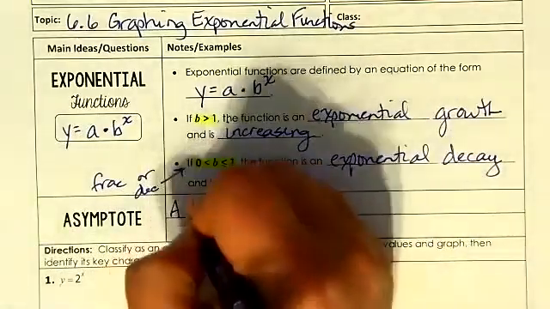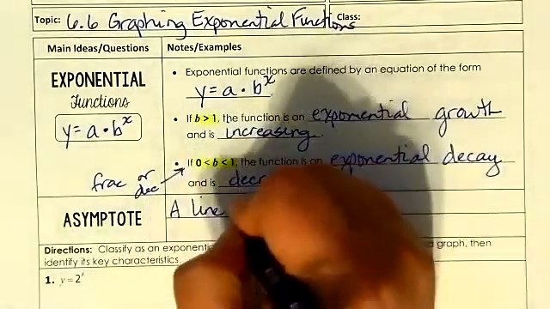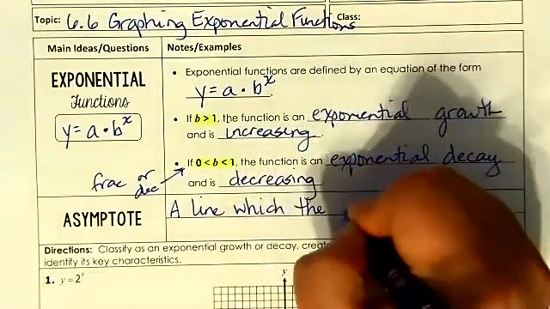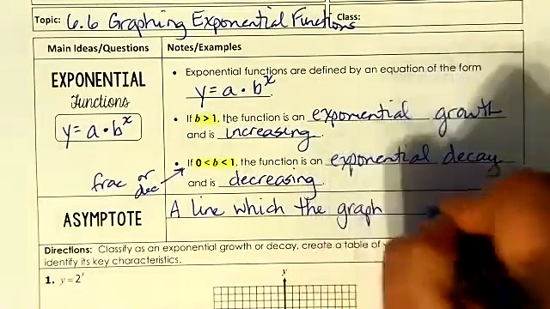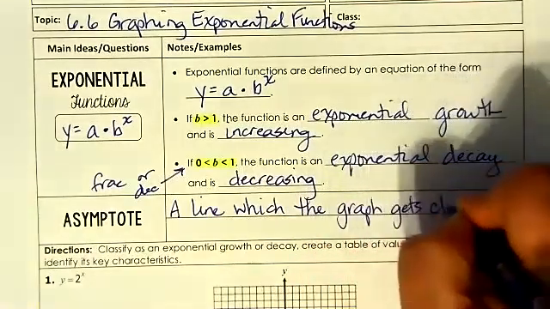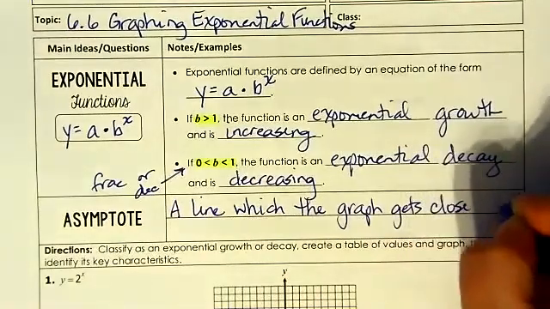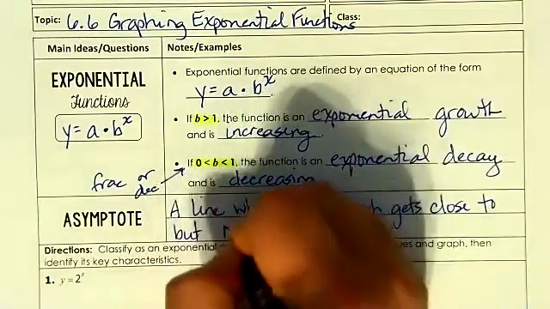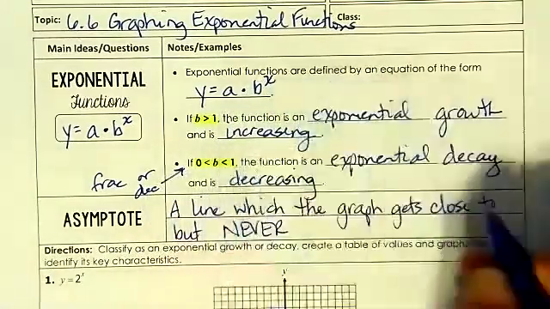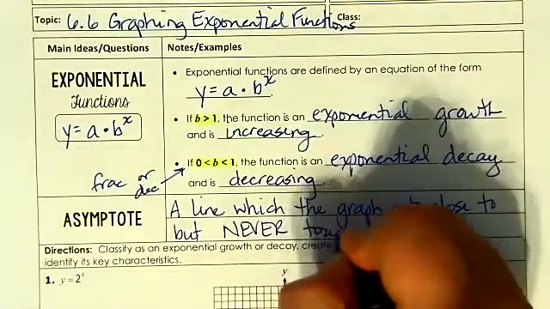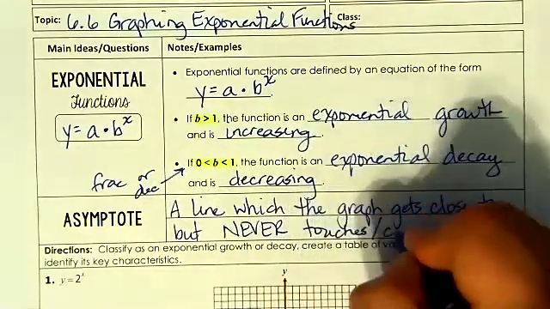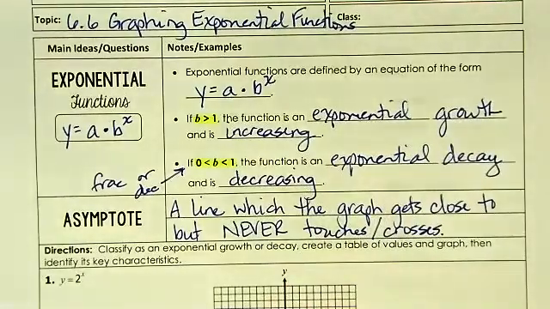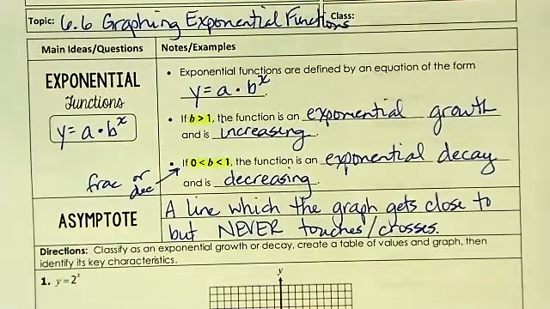It is a line which the graph gets close to, but never touches or crosses. A line which the graph gets close to but never touches or crosses.